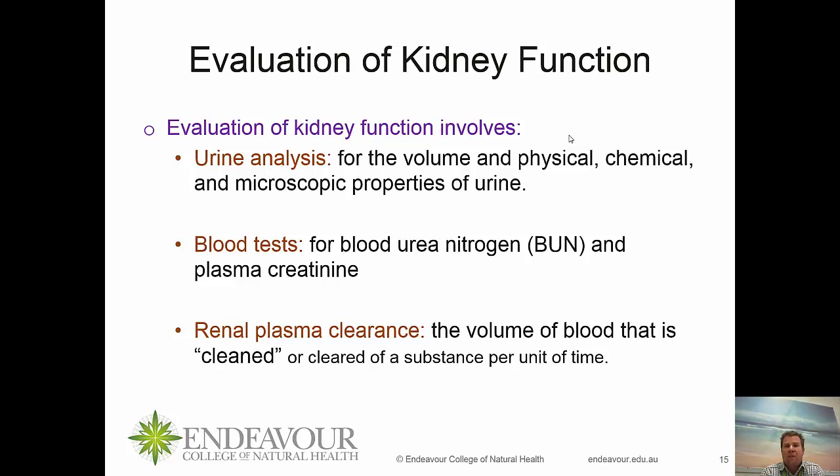And you may also find on there some things calculating clearance, where they integrate some of the results from your urine and some of the results from your blood and calculate how your kidney is handling things like sodium and glucose, and they express it as a clearance form. So that's just some terminology that they do go through.